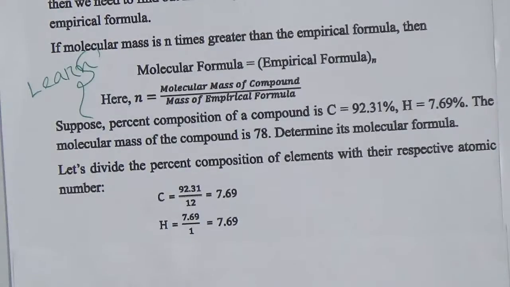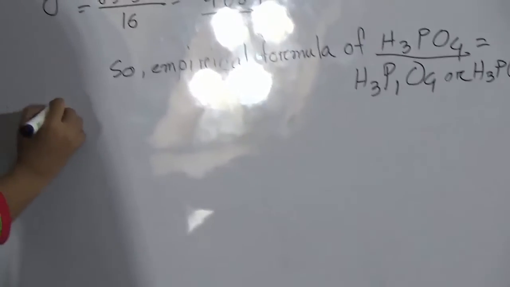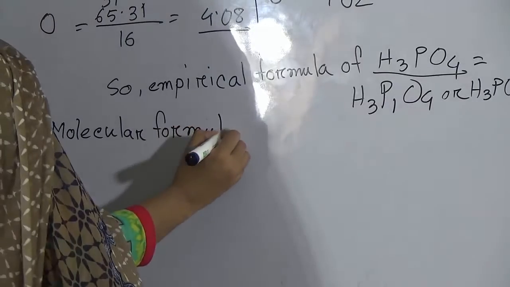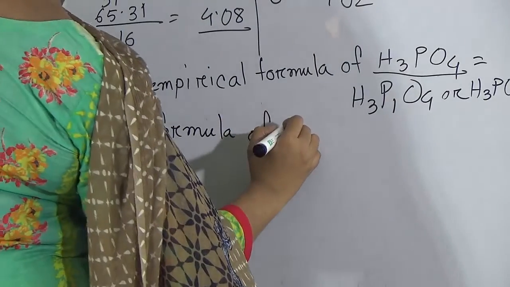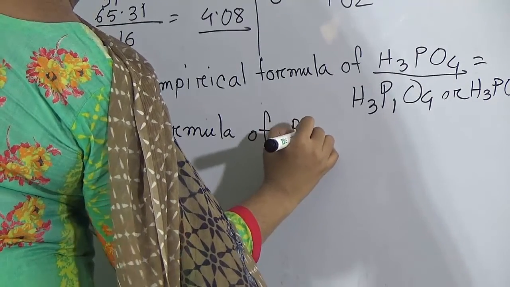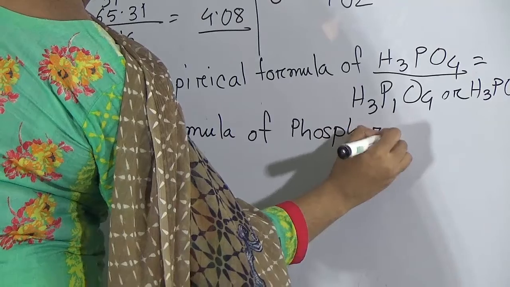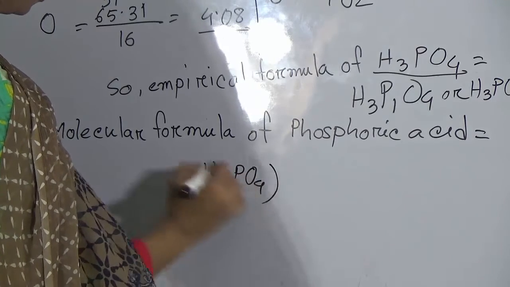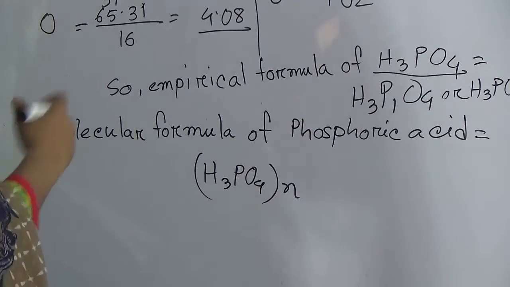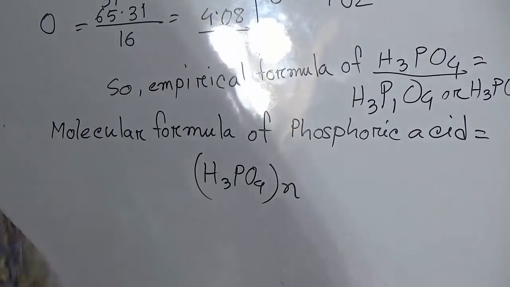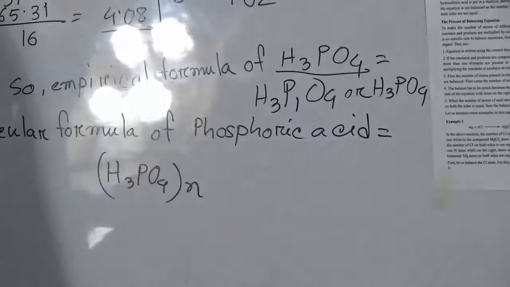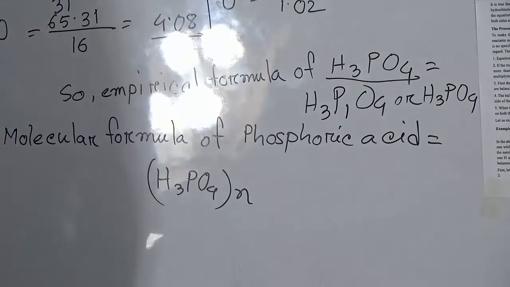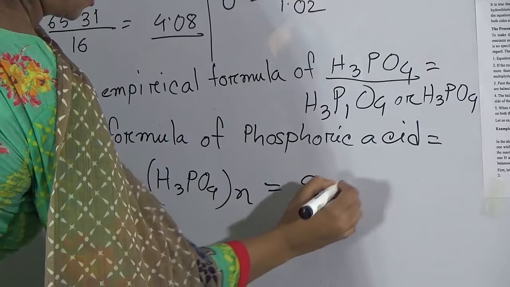Now come to the empirical formula of phosphoric acid, which is equal to H3PO4 times N. This is the system, and now N is equal to the molecular mass divided by the empirical formula mass.